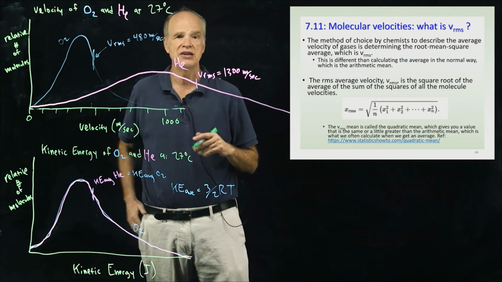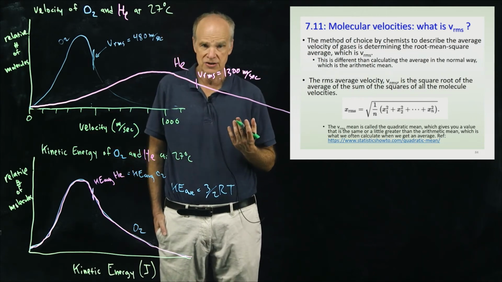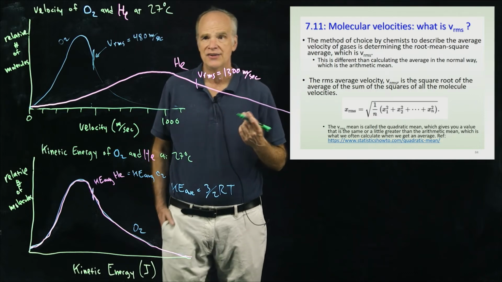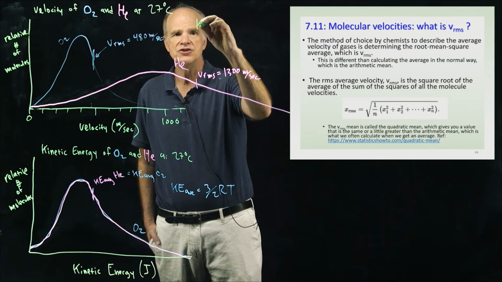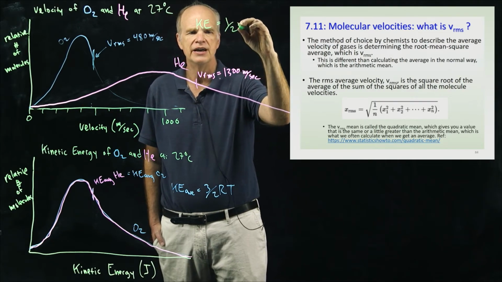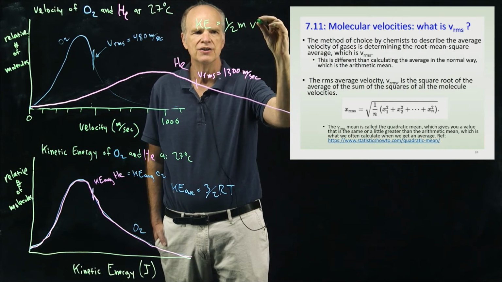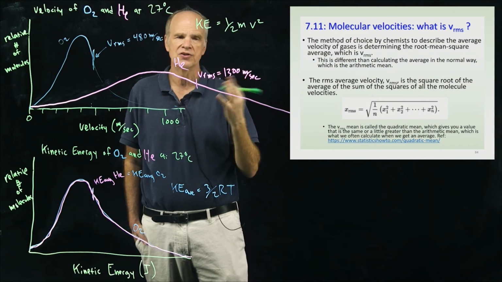Well, to understand that, let's look at the relationship between kinetic energy of a molecule and its velocity. And so you know that formula. The formula is going to be kinetic energy is equal to 1/2 mv squared. Now, let's go ahead and assign this, for example, to oxygen.